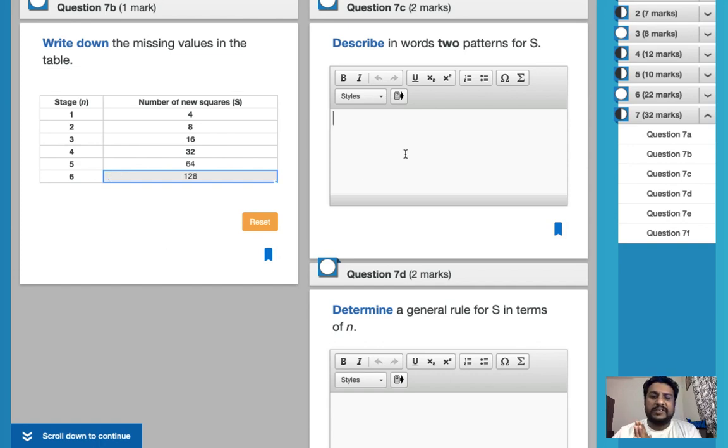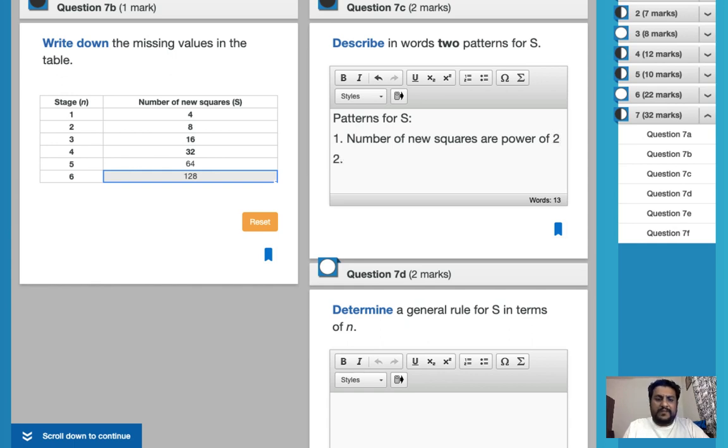Clear? Now describe in words two patterns for S. Over here we need to be very careful how we are describing. So I write down patterns for S. I can write down the first pattern, that the number of new squares are powers of 2.